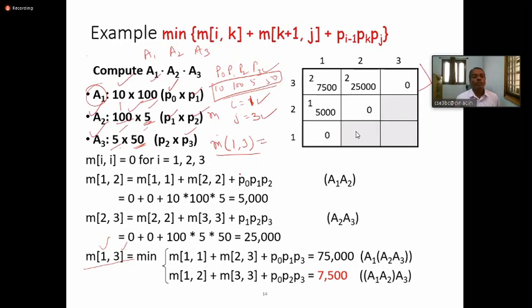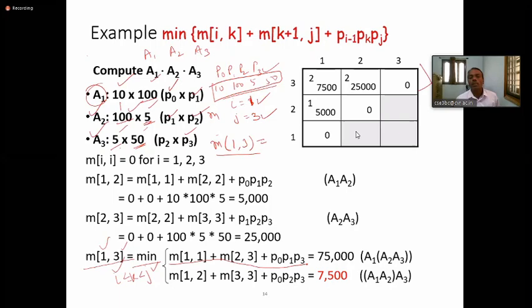What I'm going to do here is take the minimum over k, where i is less than or equal to k, and k is less than j. That means i is the lowest matrix and j is the maximum matrix. Now what is k? I am taking k equal to 1 for this first one.